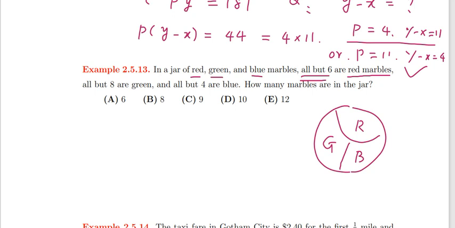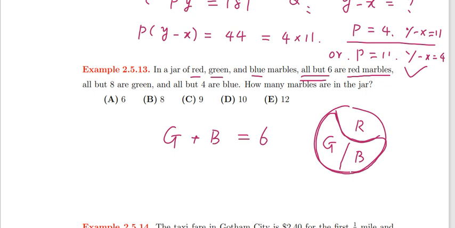So what this means is that except those 6, all the rest are red. So those are 6. So we just have G plus B equals 6.